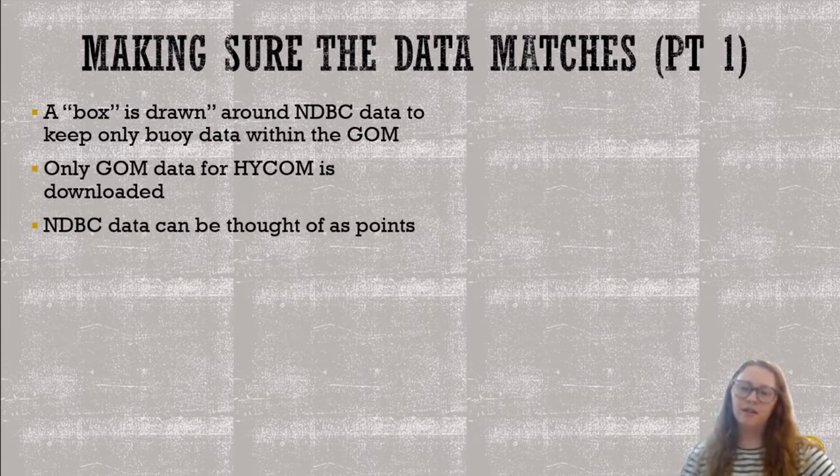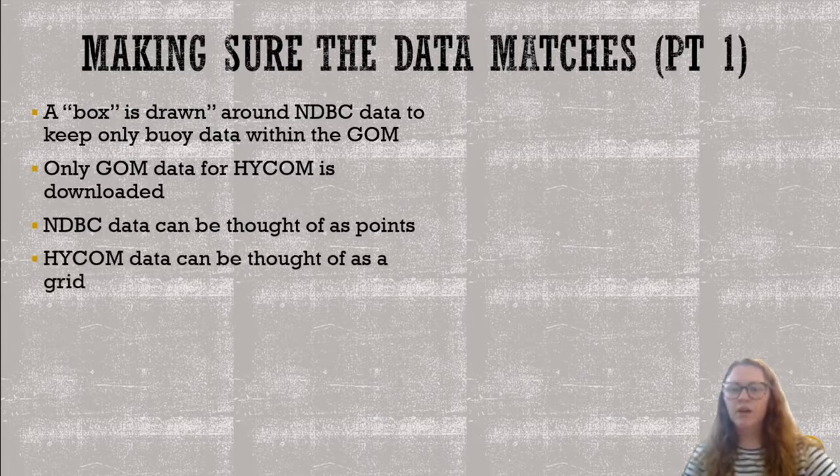As you might have seen when I introduced these two data sources, the NDBC data can be thought of as points, like buoys in the ocean, whereas you could see in the picture previously that the HYCOM data is more of a grid. It covered the entire Gulf.